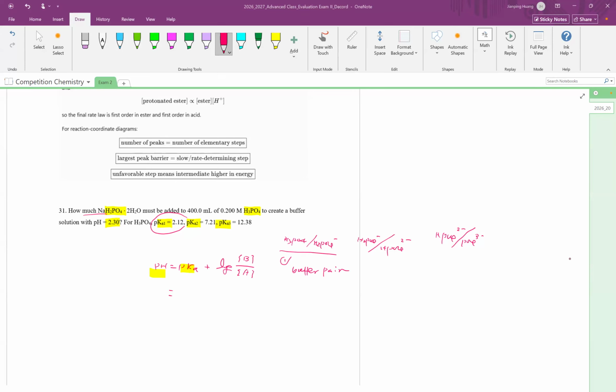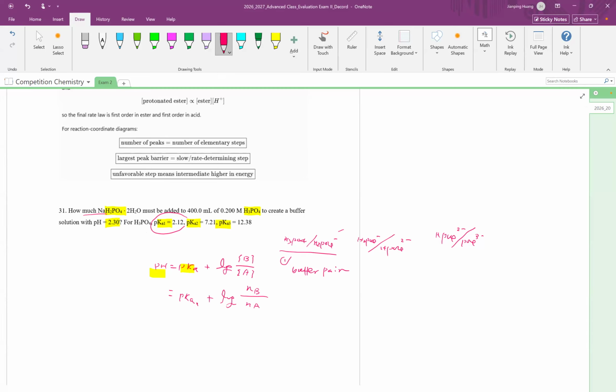In this case, since the buffer pair is in the same solution, they have the same volume, so we can use pH equals pK1 plus log of n base over n acid.